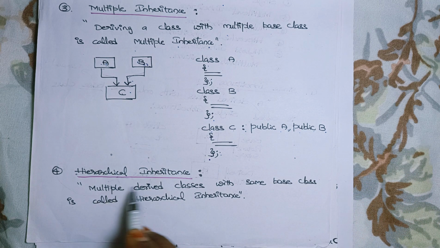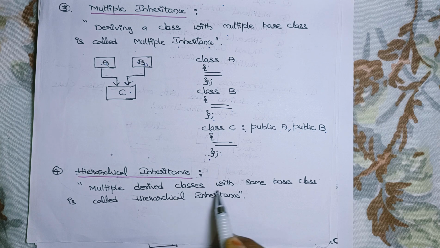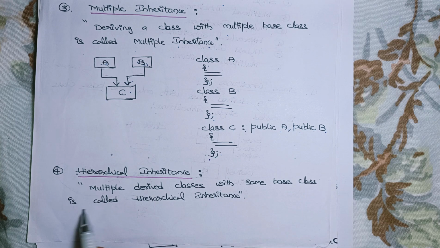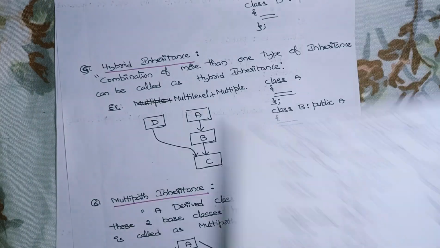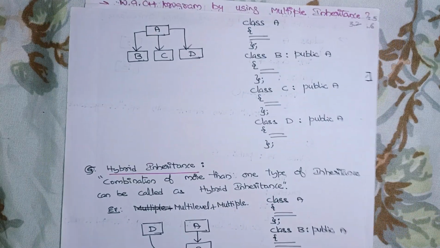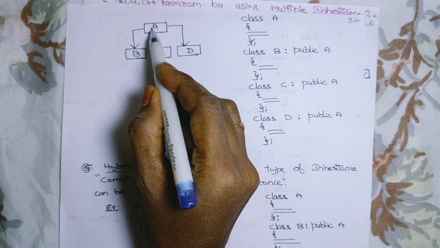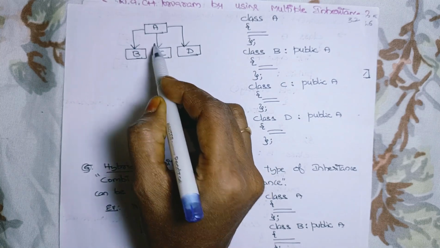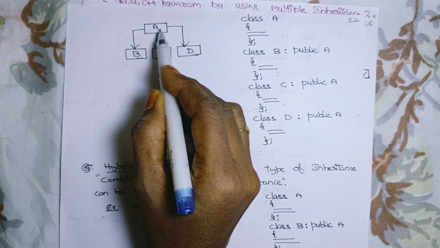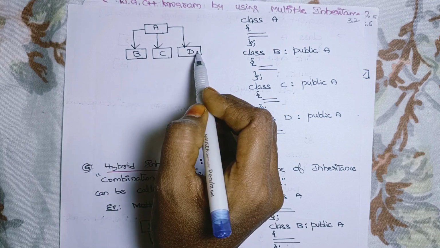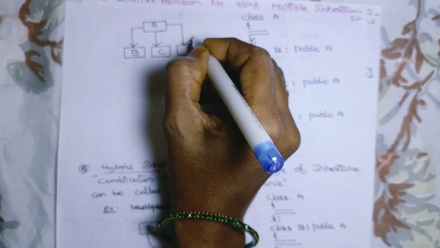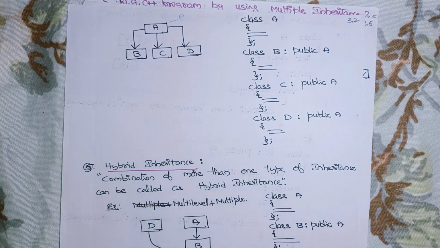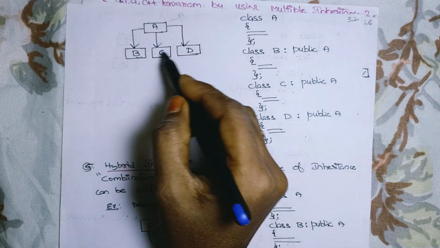Next, hierarchical inheritance. Multiple derived classes with the same base class is called hierarchical inheritance. Simply remember that one parent can have any number of children.